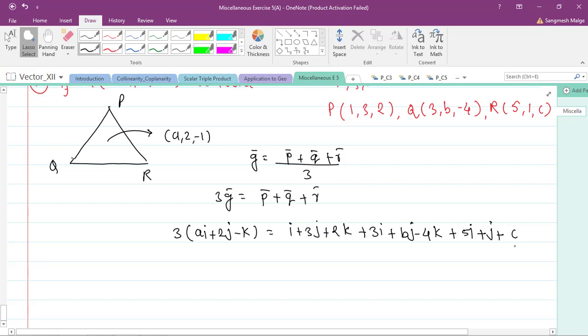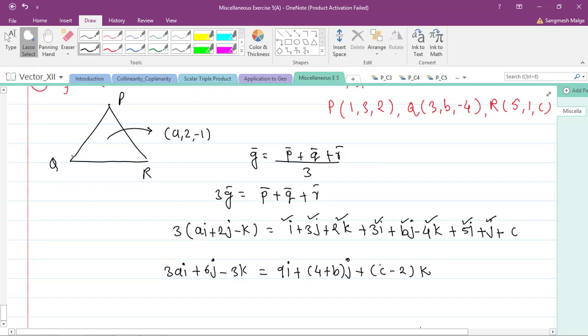This is what we have in total. Now we get 3ai plus 6j minus 3k, and here let's add the coefficients. For i: 1, 3 and 5 make 9, so we have 9i. For j: 3 plus b plus 1 is 4 plus b. And finally for k: 2 minus 4 means minus 2, so it will be c minus 2.